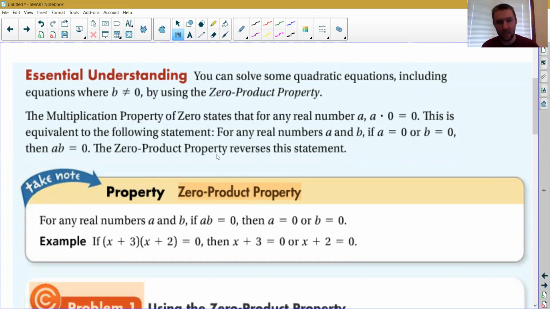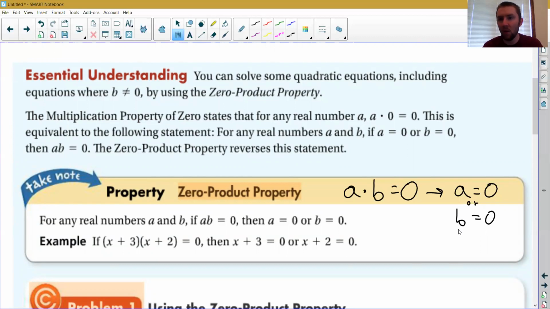What that property says is right here. If we have two things, two numbers or two anythings, and we multiply them together and they equal 0, so A times B equals 0, then one of the two things that I multiplied has to equal 0. Either the first thing was 0 or the second thing is 0.